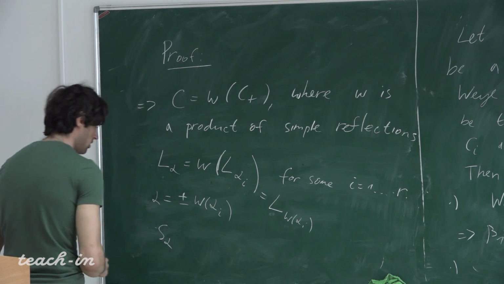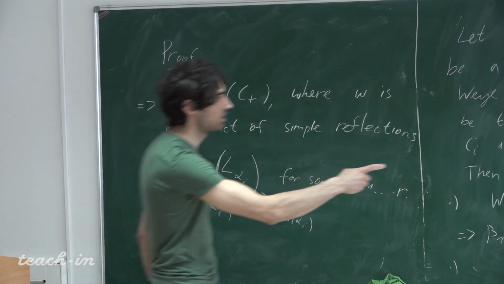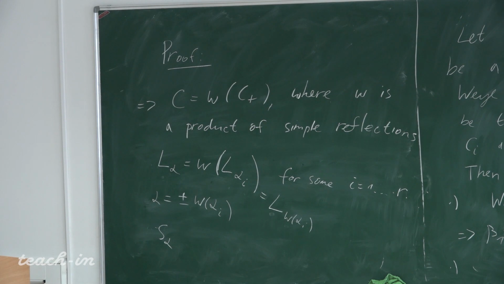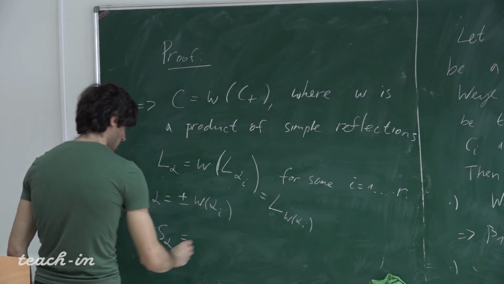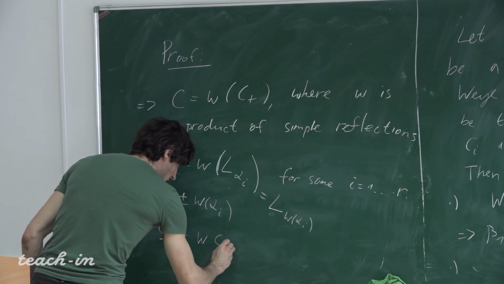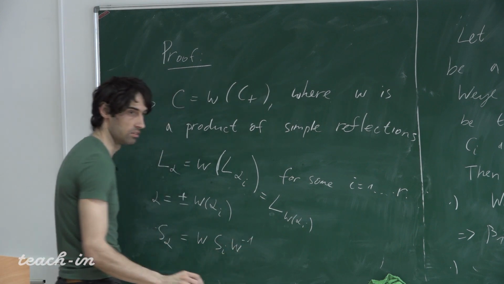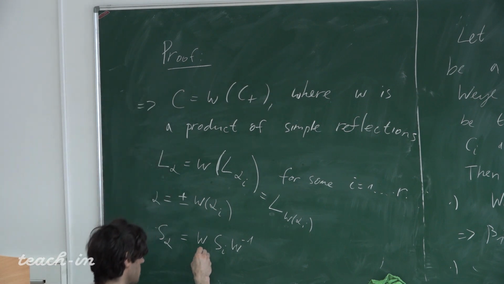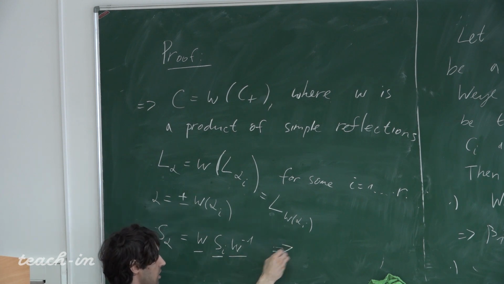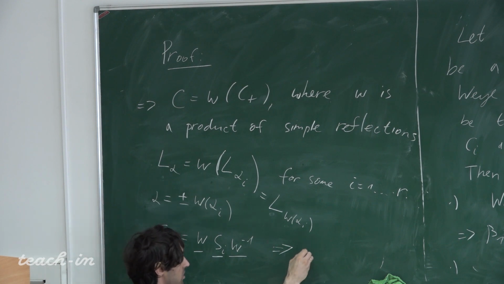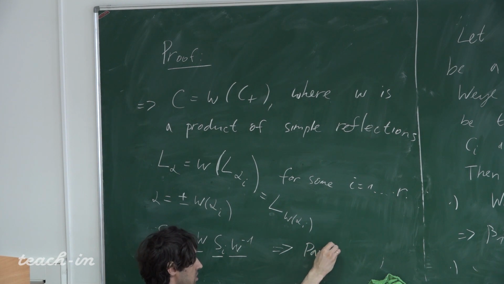That S alpha, again, we're applying this, right? Then S alpha is W Si W inverse, right? So this consists of simple reflections. This is a simple reflection, and this consists of simple reflections, right? So therefore, part 2 is proved.